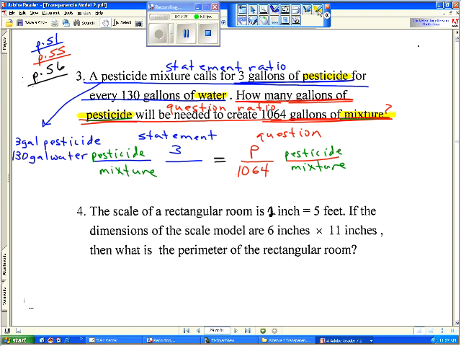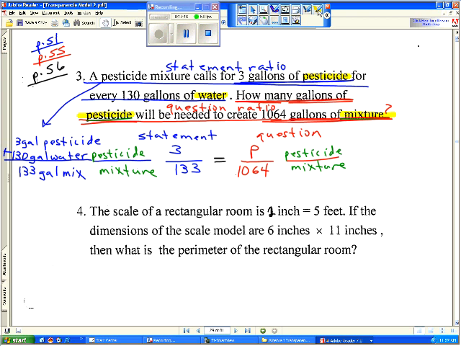It's a mixture. We add the ingredients and get 133 gallons of mix, right? So the mixture in my statement is the sum of the ingredients, 133. Any questions on that?